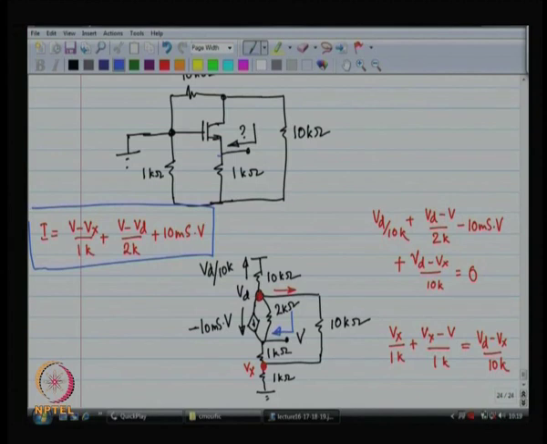Fine. In the meantime, let us just try to solve these two equations that we have got. Let me multiply everything by 10k to make life easier.